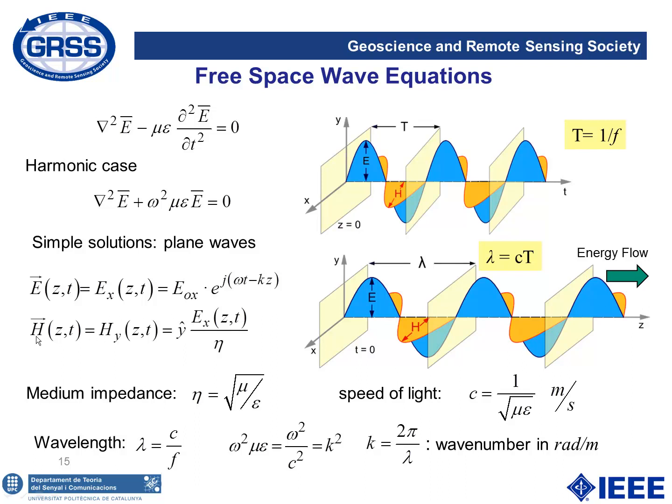Also, this is for the electric field. The magnetic field shows the same kind of behavior, actually proportional to the electric field, but with a constant of proportionality which is called the medium impedance. This medium impedance, eta parameter, is very important in remote sensing because it corresponds to the ratio between the electric field and the magnetic field component of a particular wave.